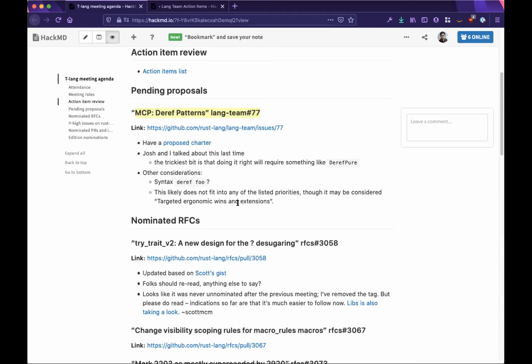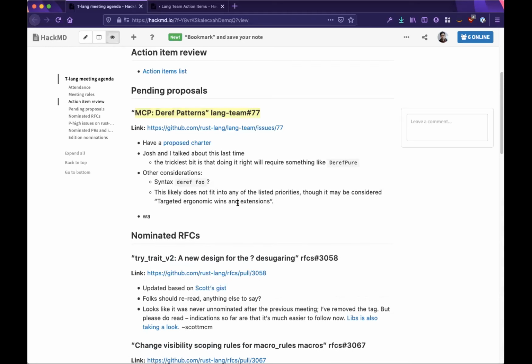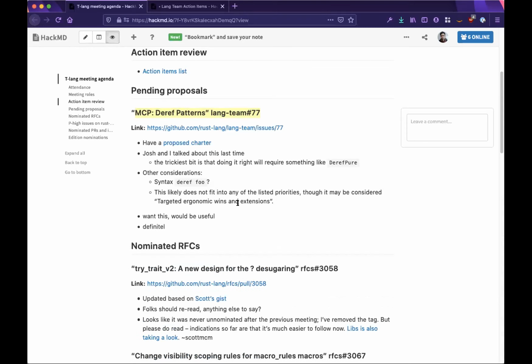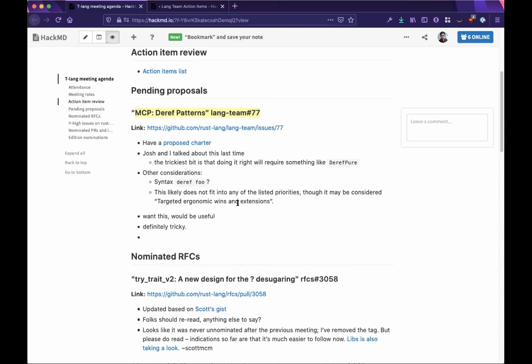I think it would be really useful, but it is a little bit tricky because DREF pure runs user code, and our exhaustiveness checks sometimes rely on the fact that values haven't changed while we're doing the matching.